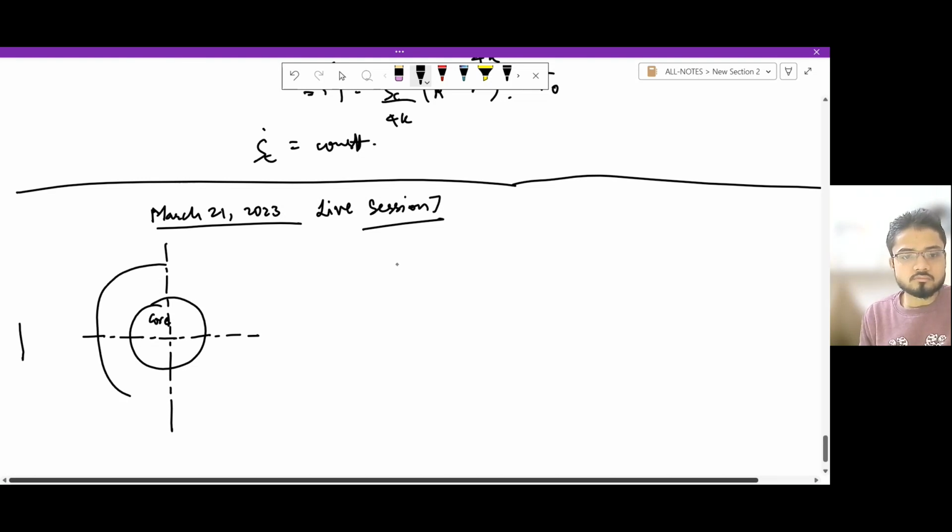This way. So both of these are circles. Forgive me for being bad at drawing. And this part is called the aluminum cladding.